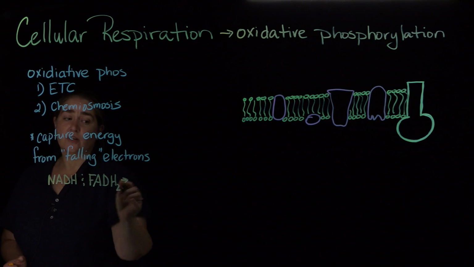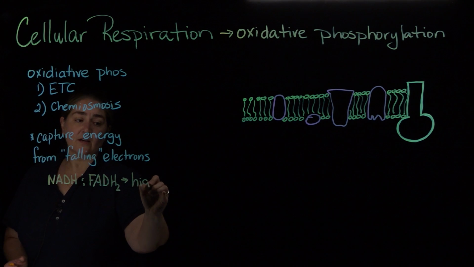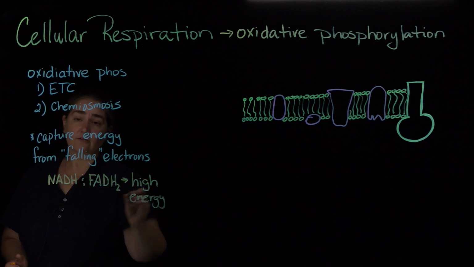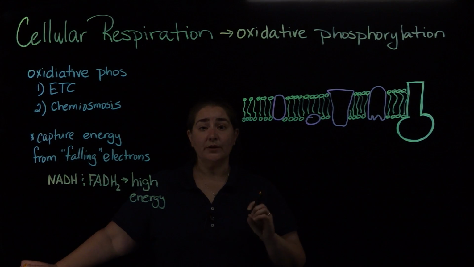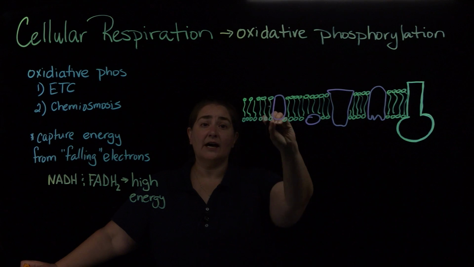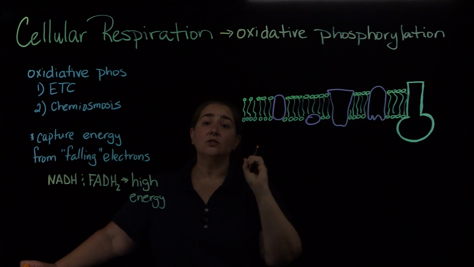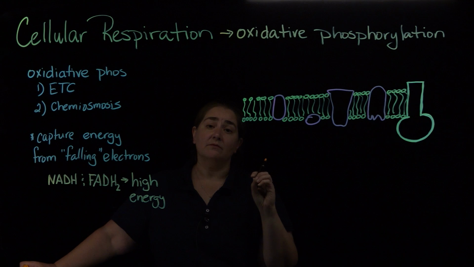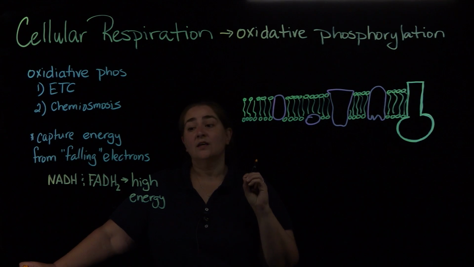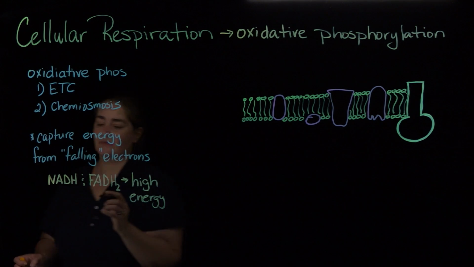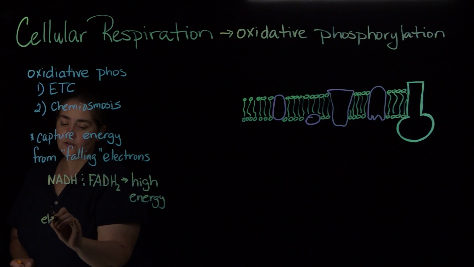These electrons are at a high level of energy, and we're going to exploit that as we put those high energy electrons into the inner mitochondrial membrane to generate ATP.